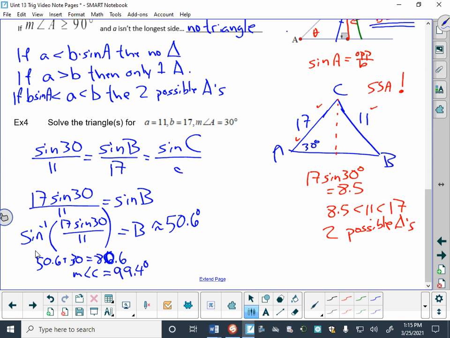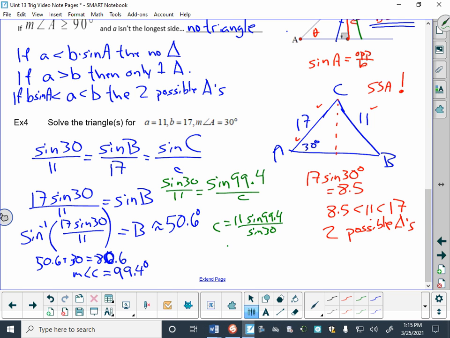99.4 degrees. And then I could bring that up here and say, all right, I've got the sine of 99.4 over C that is equal to my sine 30 over 11. And that is going to give me C is equal to 11 sine 99.4 over sine 30, which I know is a half, but I'll go ahead and write it as sine 30 anyway.